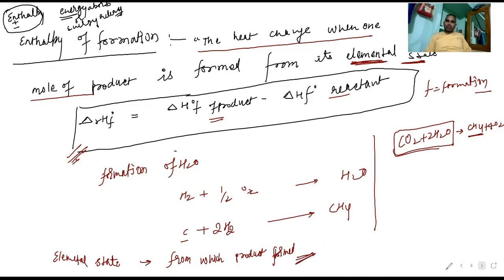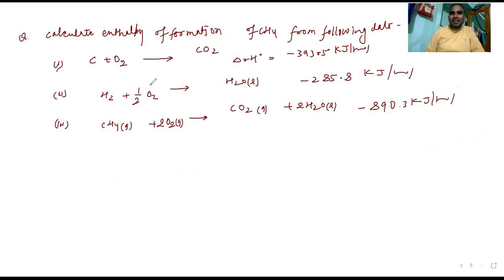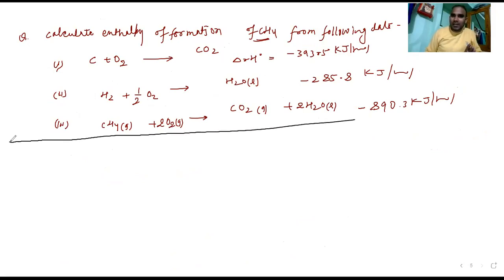Now see the data: C plus O2 gives CO2. We don't know the formation of CH4, which we need to calculate now. So how can we use these data? It's a very difficult, complex process. If today you are able to understand one problem, that will also be great. Let's see what we can do for this one.